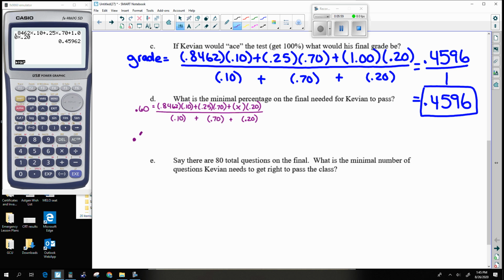So this is going to be 0.60 is equal to. So I'm putting the 84.62 times 0.10 with 0.25 times 0.70. So that's 0.2596 plus 0.20x all over 1.